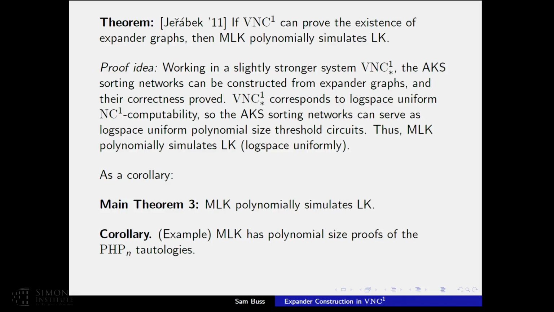One thing here is that probably most people in the room have studied the AKS construction before. Probably you remember this with great dread because it was a terribly complicated construction. You take the expander graphs and put them together in very complicated ways and build a sorting network. It was log many rounds that work, but it was a very complicated way of putting these things together.